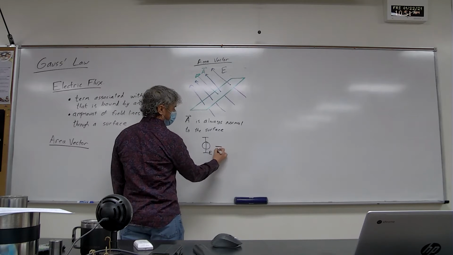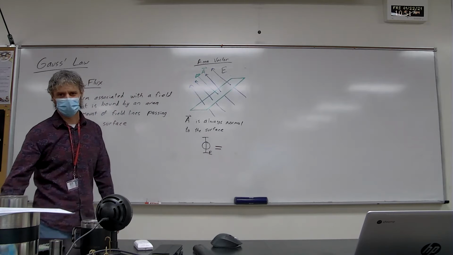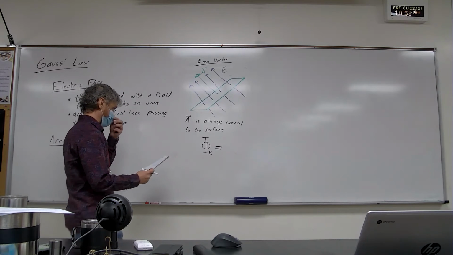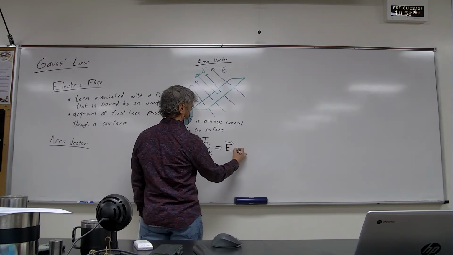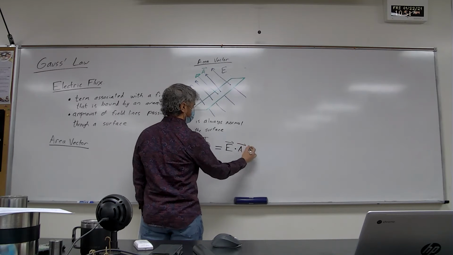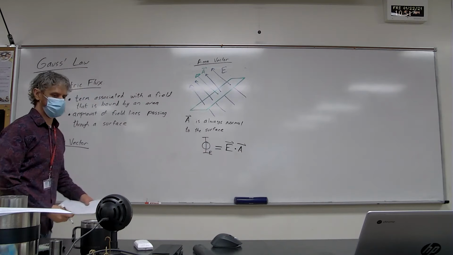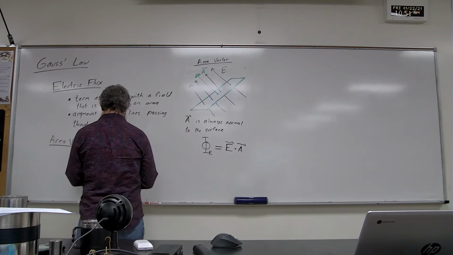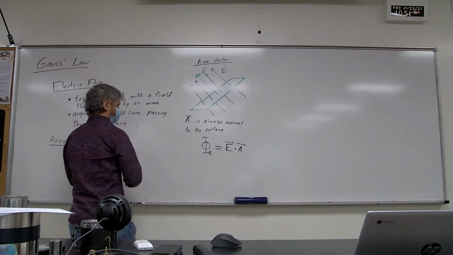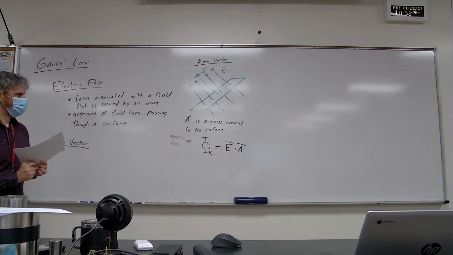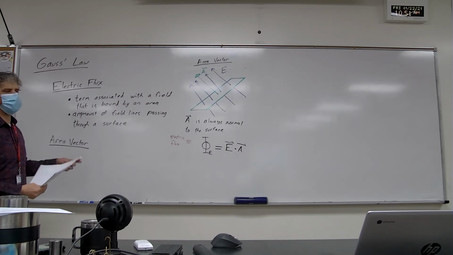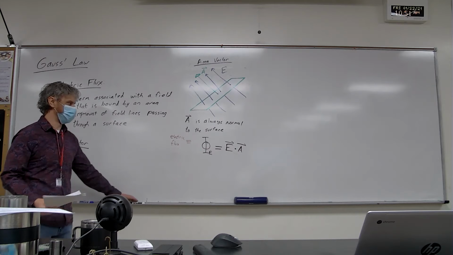Electric flux is simply the dot product of the electric field and the area vector. E dot A. This is electric flux. Electric flux is defined as the dot product of the electric field and the area vector.